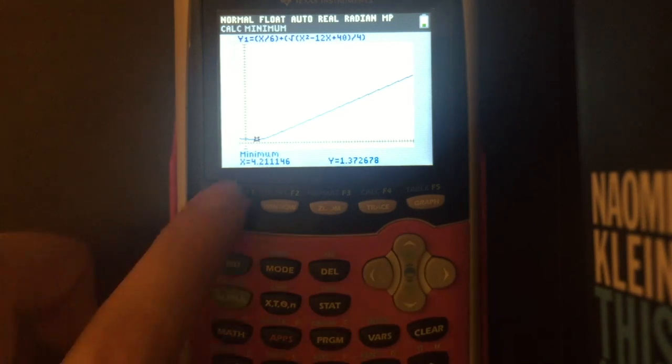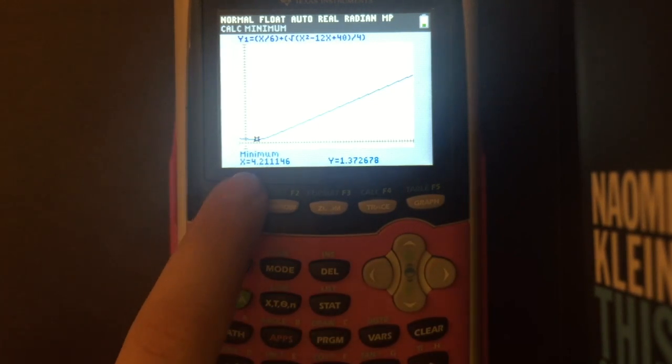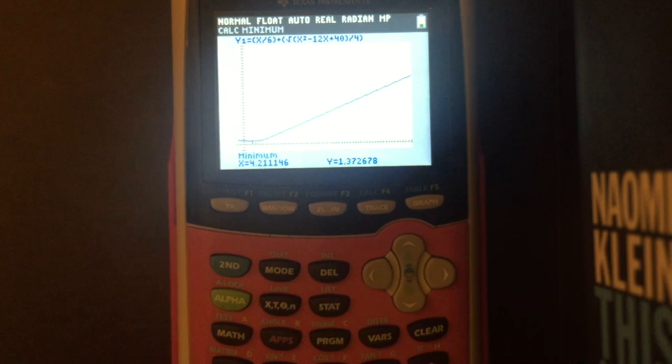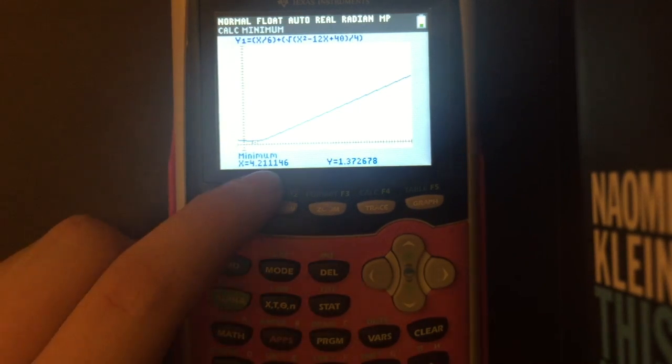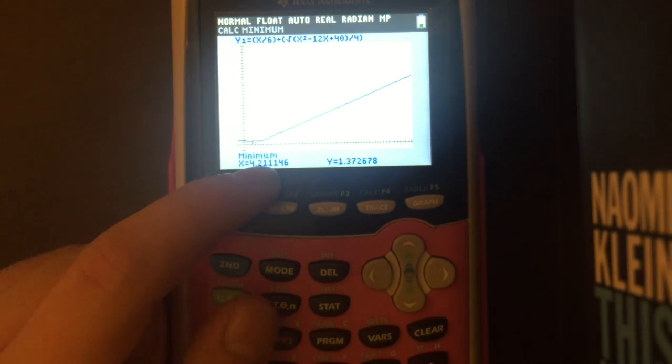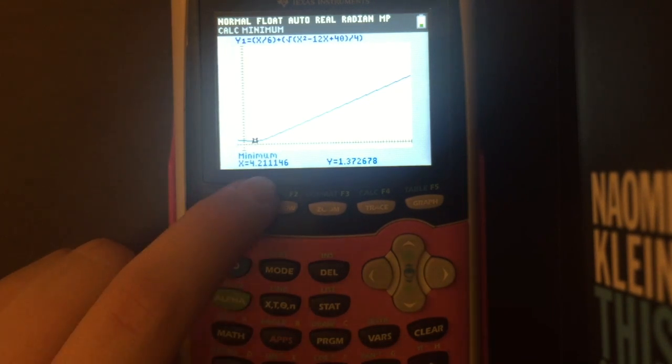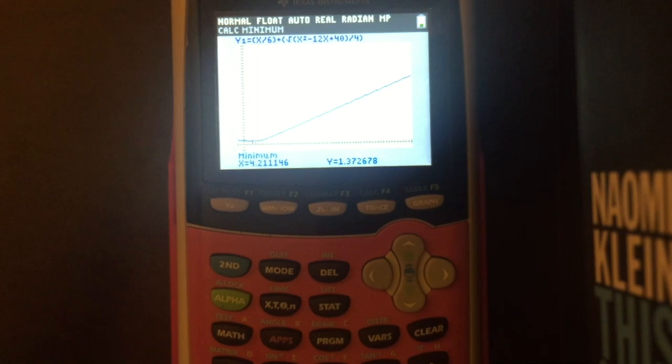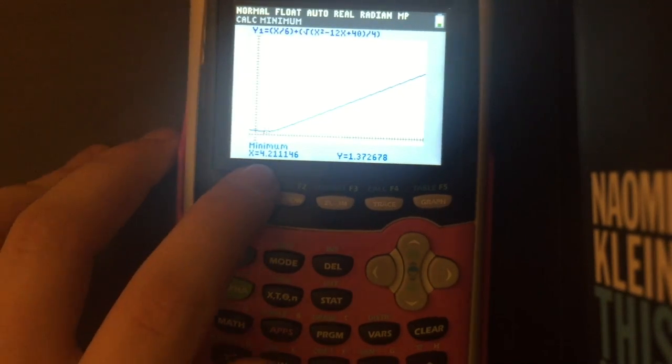So on the calculator, my minimum distance is going to be 4.2. And if I go back to my rates, they are in miles per hour. So my distance is going to be around 4.21 miles.